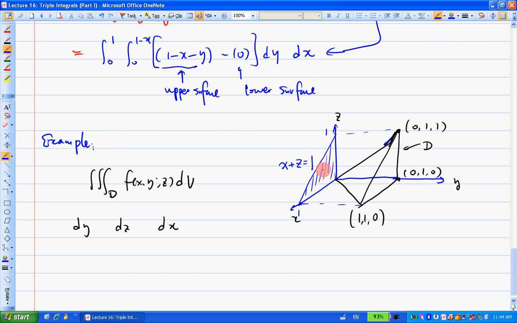In the y direction, because you're doing the y variable first. So you draw across this region D here. You will have a first contact here and a second contact here.